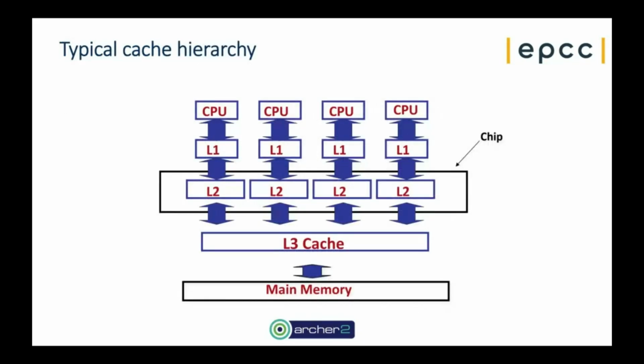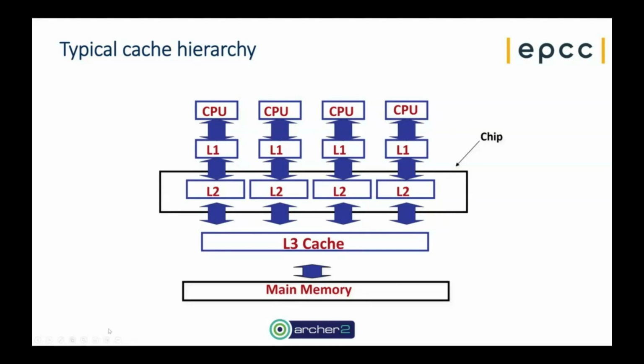What are caches? Since we've started mentioning caches, well, we have our cores, which I've labeled up as CPUs up here. And then we've got main memory where our data is stored down the bottom here. And the thing to bear in mind is that main memory is much slower than our processor. Up here we have our processor and it's got its registers, and those registers run at the same speed as the processor.